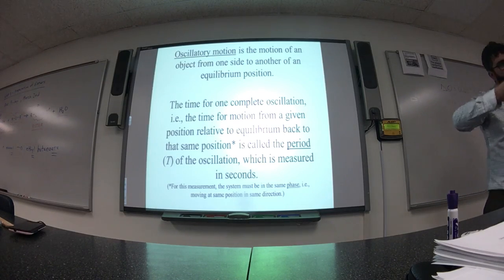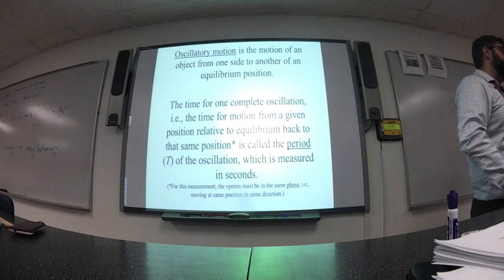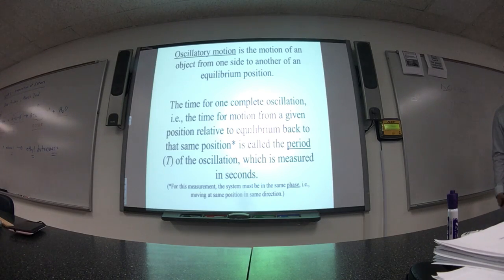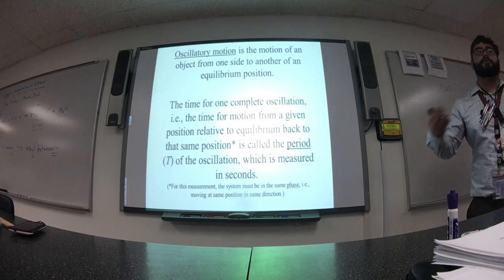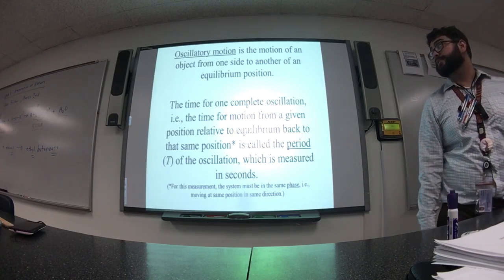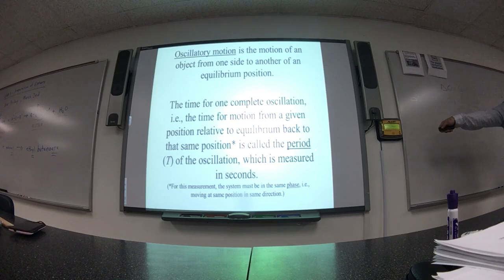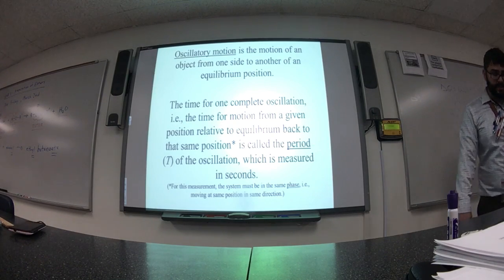Equilibrium means that point in the middle where it wants to be, that happy balance point in the middle. For the record, it doesn't have to be horizontal. It also doesn't have to be vertical. It could be in any dimension, as long as it is repetitive, cycles back and forth, and it has an equilibrium position. We saw this word when we were doing rotation, especially orbits.